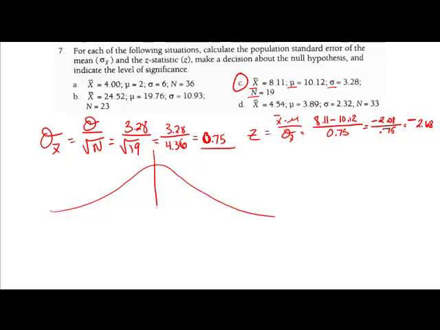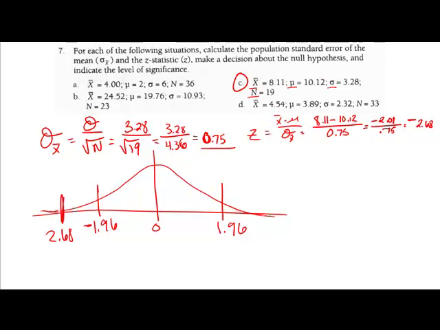What's that mean? There's our normal curve, 0. If we're using 95% confidence, we want 1.96. We get a negative 2.68. That means, looking it up on our z table, 2.68.